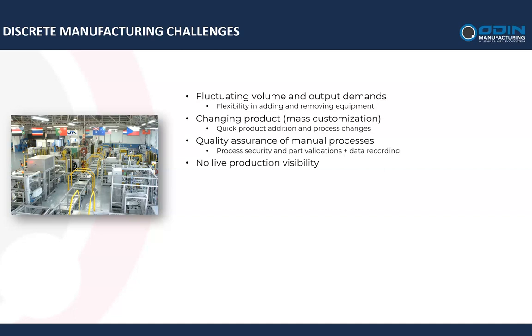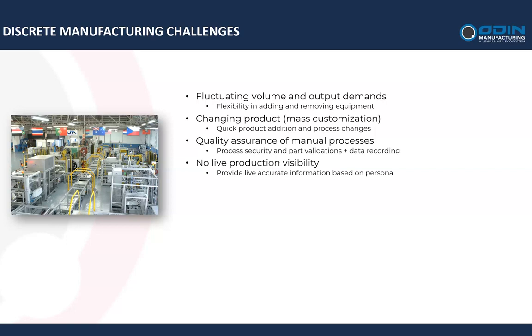What is really interesting is that many factories don't have live production visibility. So you have plant managers that only get information on the performance on their plant by hour, sometimes only at the end of the day or at the end of the shift. And in some cases, only when the inventory arrives in the logistics warehouse does the production manager actually get information on what was actually produced on their production lines.